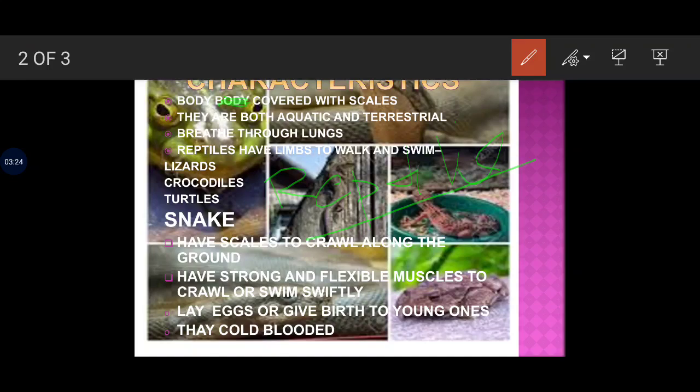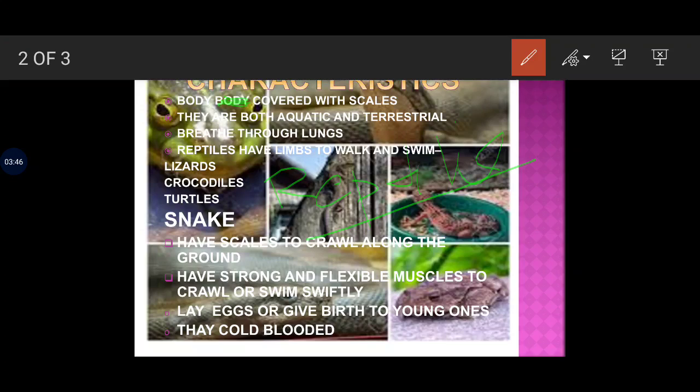Next, you would find them both in aquatic and terrestrial conditions. There are certain snakes you'll find in the water, crawling on the water surface, while some you will find crawling on land. Next, they do not have gills.